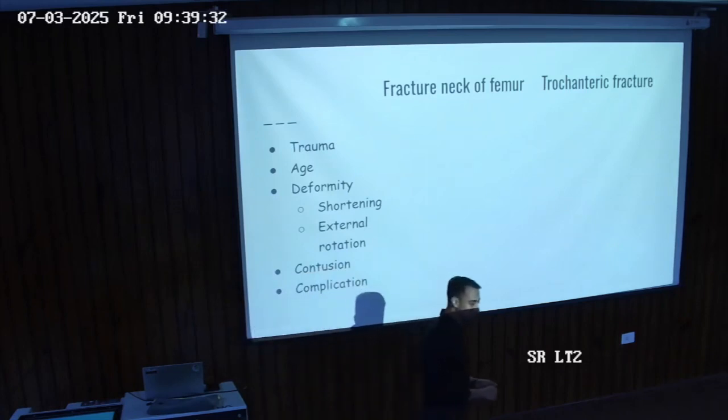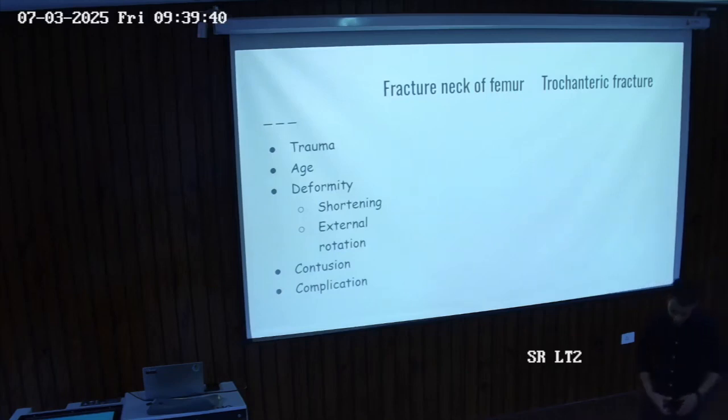What does that mean? True shortening and apparent shortening. What happens when there is a fracture? The limb goes into flexion. Why is this flexion happening? The limb goes into flexion, which makes it appear shortened. Now, which will be more in fracture?